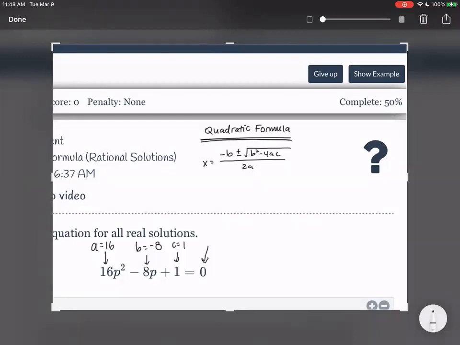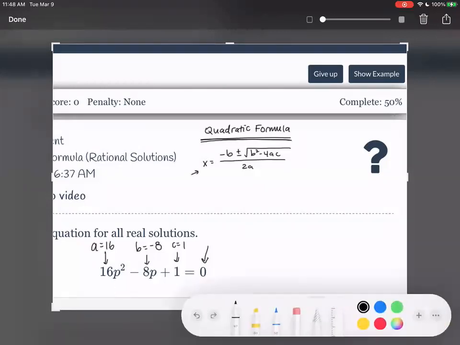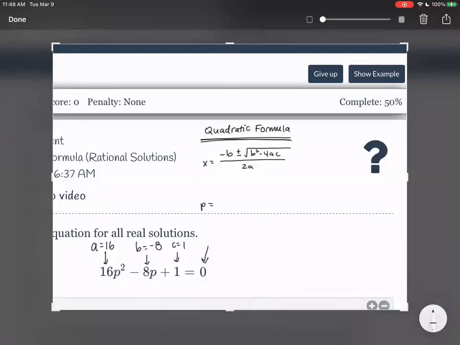So I guess in this case, it's not going to be x equals, but it's going to be p equals just because that's the letter we're using. So I'm going to write p equals. Okay, so negative b, and our b is negative 8, plus or minus the square root of b squared, so negative 8 squared, minus 4ac, so a is 16, c is 1, all over 2 times a.